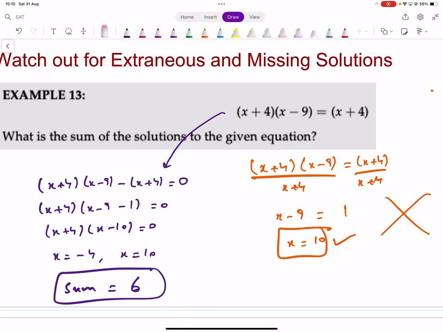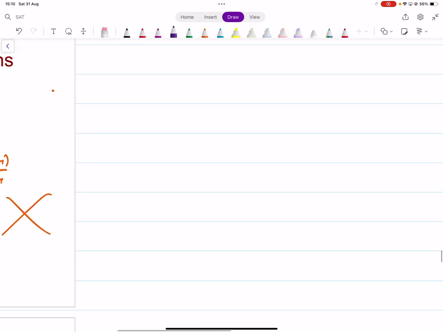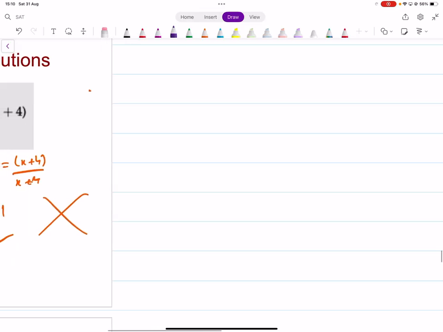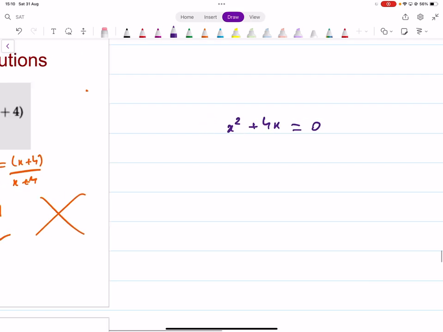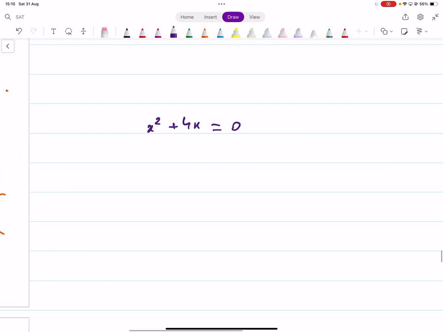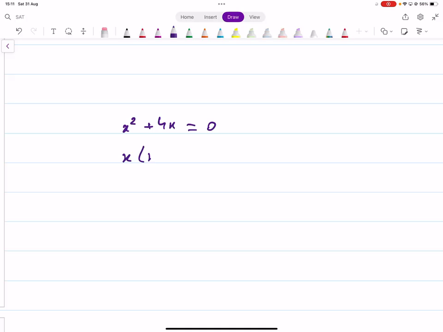Just like if you had, for instance, x squared plus 4x equal to 0. Let's say you had this equation. How do you solve this equation? You can take x common and that leaves you with x plus 4 inside. Now one idea could be that you divide by x on the other side and you're left with x plus 4 equal to 0 and x equals minus 4.